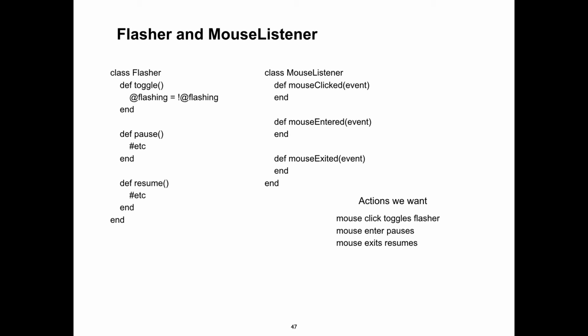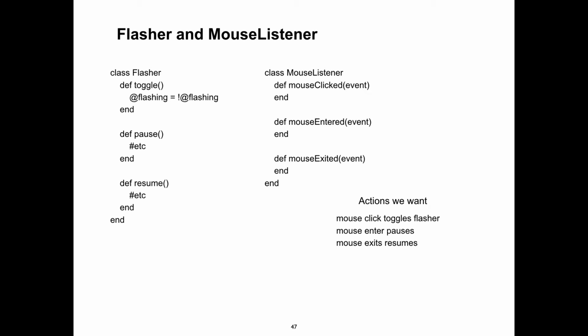So here's an example in Ruby. Flasher has an interface where you can toggle between whether it's flashing off or on, and there's also a pause and a resume, and we may want to then have the mouse trigger it.